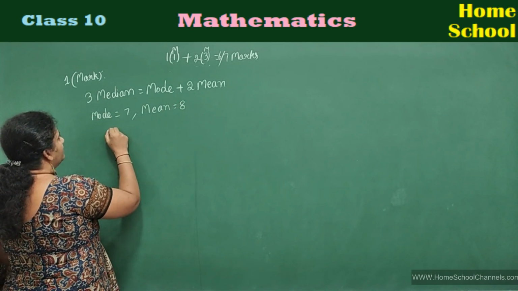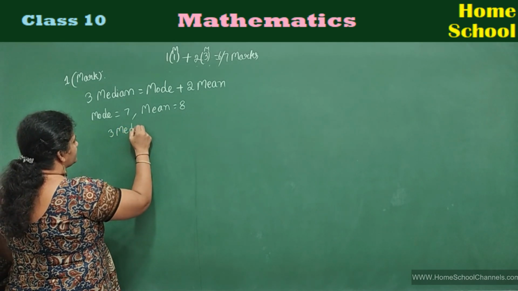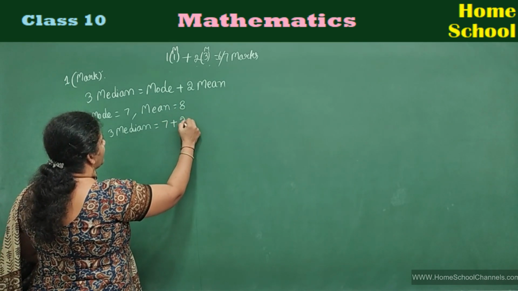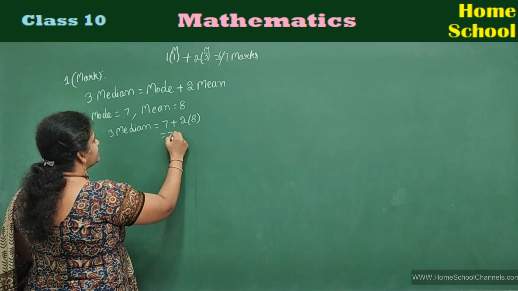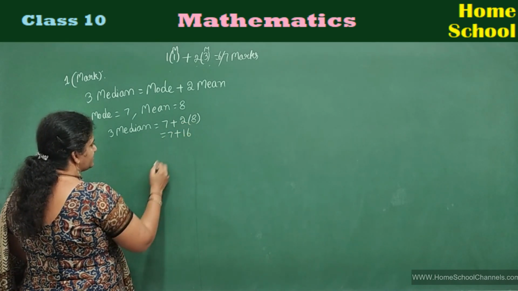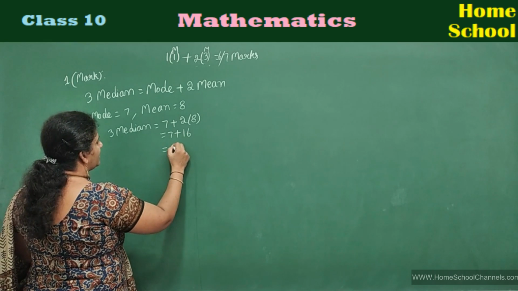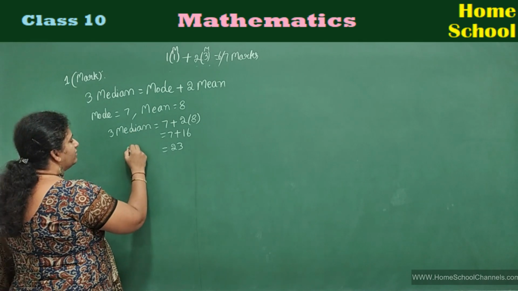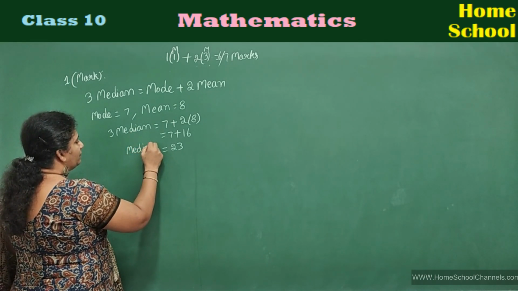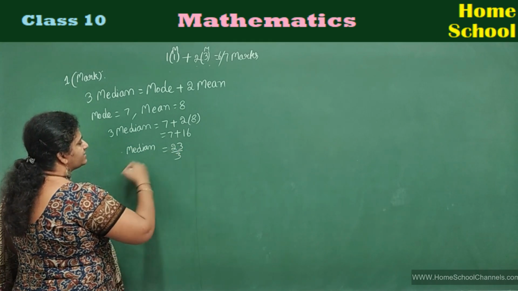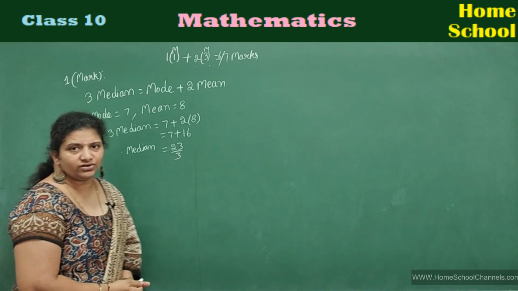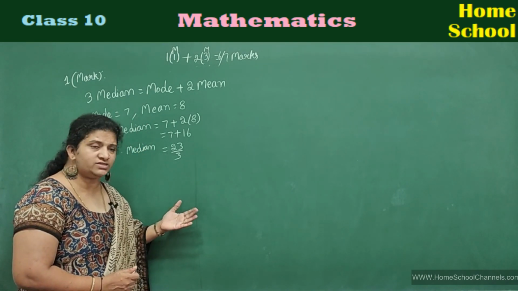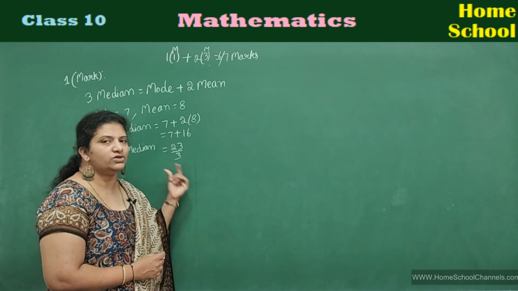Let us calculate here. 3 median is equal to, substitute mode and mean value, 7 plus 2 into 8. 2 eights are 16. 16 plus 7, it will be 23. And here 3 median. Median is equal to, 3 is a multiple, send other side. That will be 23 by 3 is your answer. Okay, if decimal given, you can take decimal from your options. If 23 by 3 given, you select the option.